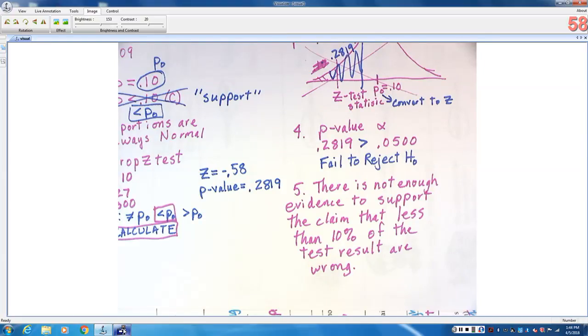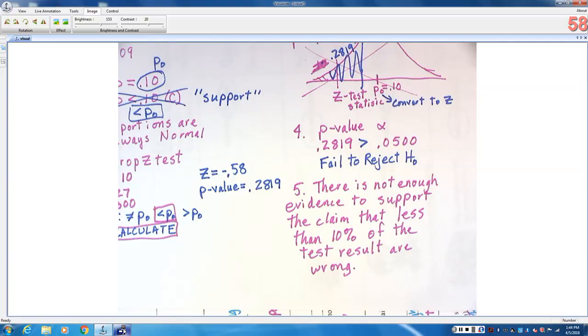So it's this part, step four, you compare the P value and alpha. If the P is low, then alpha is go. So this is 0.25 compared to 0.01. That's less, so reject.